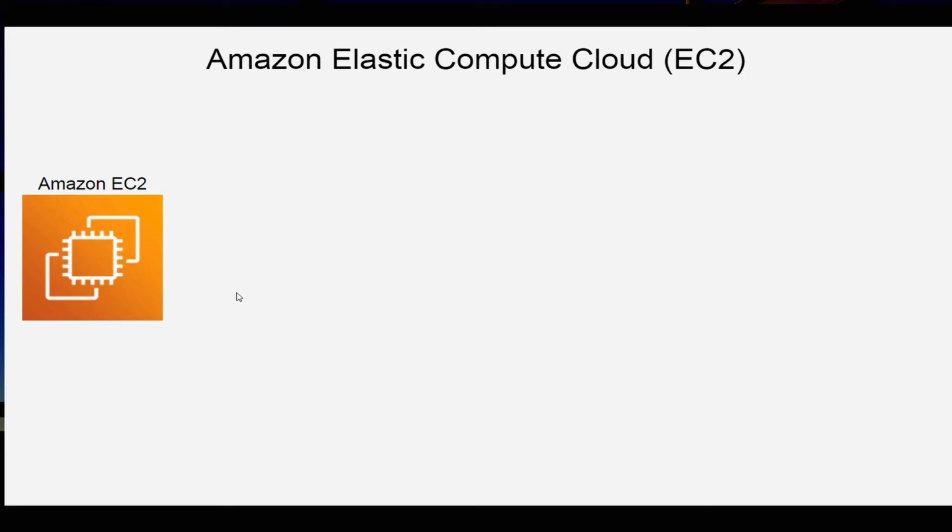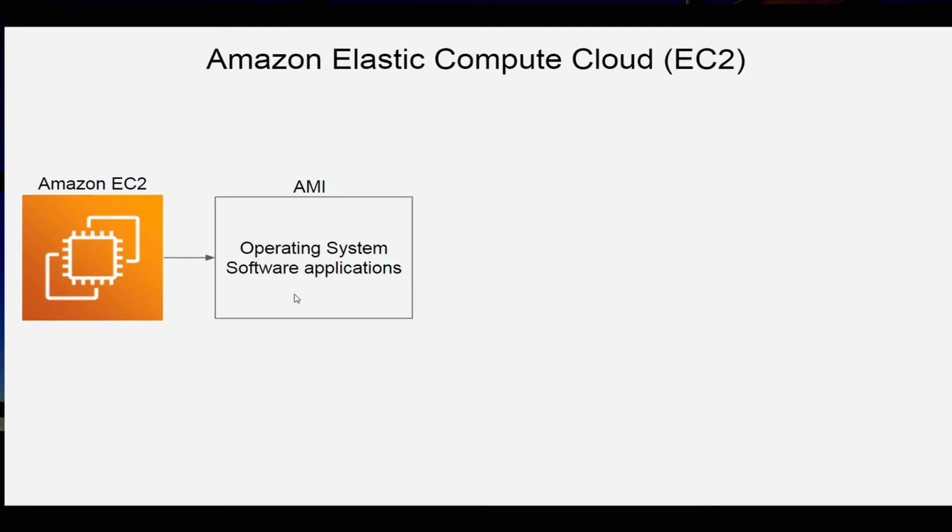The first thing we need to do when we launch a server in EC2 is to select a template from an AMI, which stands for Amazon Machine Image.